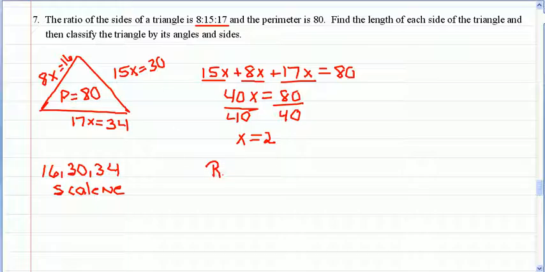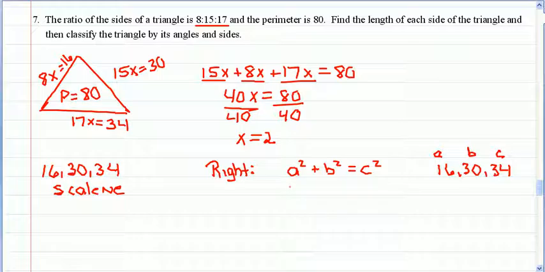So to classify this by angles, we want to check to see if the Pythagorean theorem works. And the Pythagorean theorem is a squared plus b squared equals c squared. So if we're given sides of 16, 30, and 34, we would have to make c equal to 34 because it's the longest, and then we could make the 16 a or the 30 a. I'll just go in order.